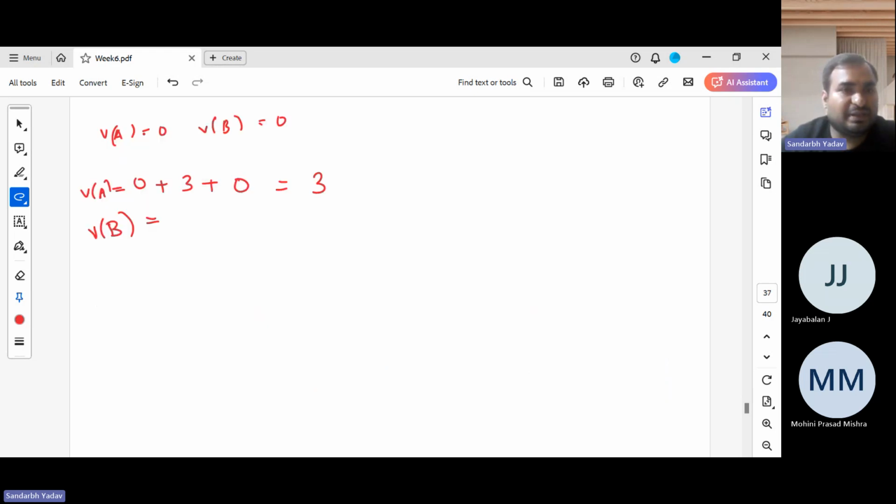Synchronous way means you use this V of B equal to 0, while asynchronous way means you have already updated the value of A. Let's suppose this was at the 0th step and this is at the first step, and you can use either this value or this value. So the answer will depend on whether you are doing it asynchronously or synchronously.